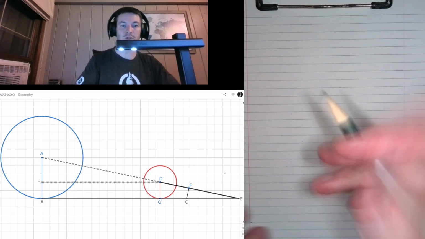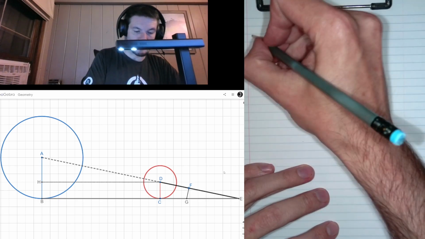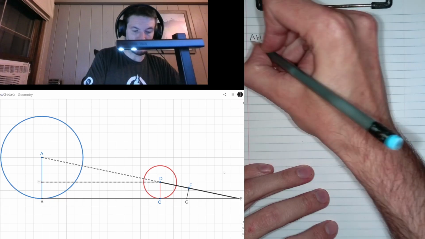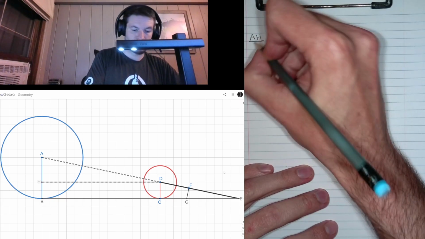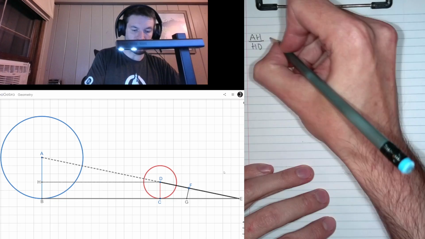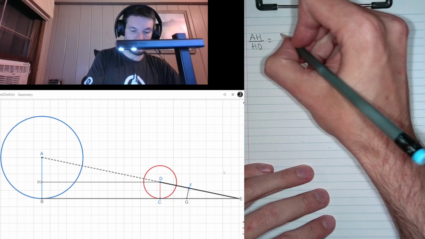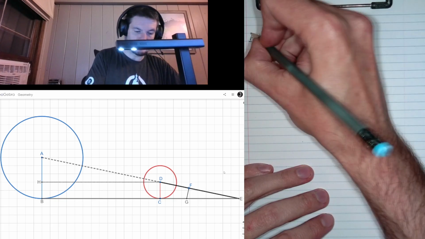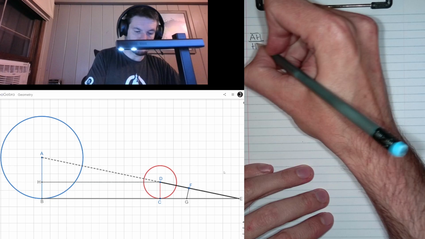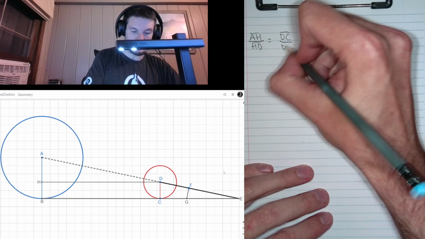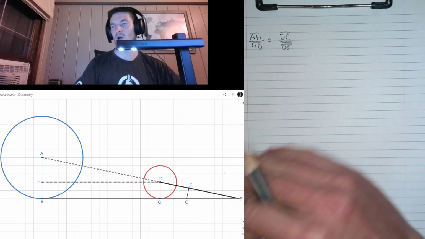So let's write that out. We know that AH over HD is equal to DC over DE. Now, what are these values?